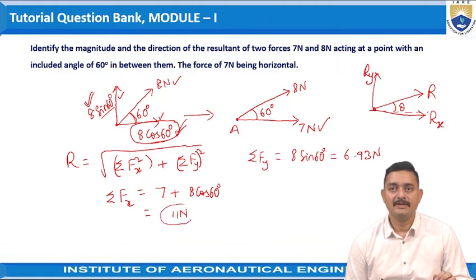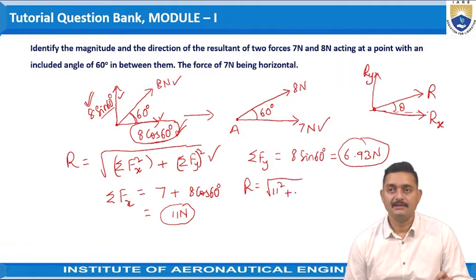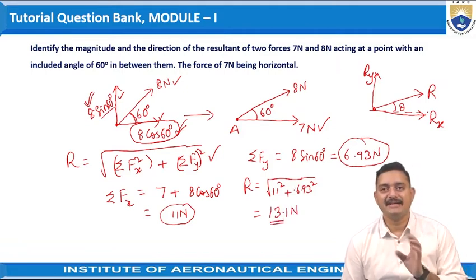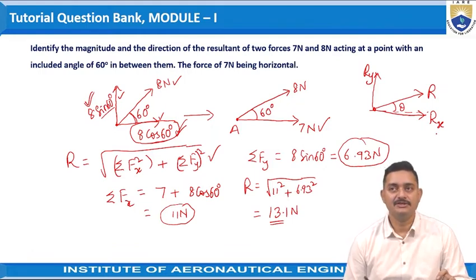Now, substituting the horizontal and vertical summation components into the equation, we obtain R is equal to the square root of 11 squared plus 6.93 squared. If you solve this, you will obtain the magnitude of the resultant as 13.1 Newtons. This is the magnitude of the resultant of these two forces.